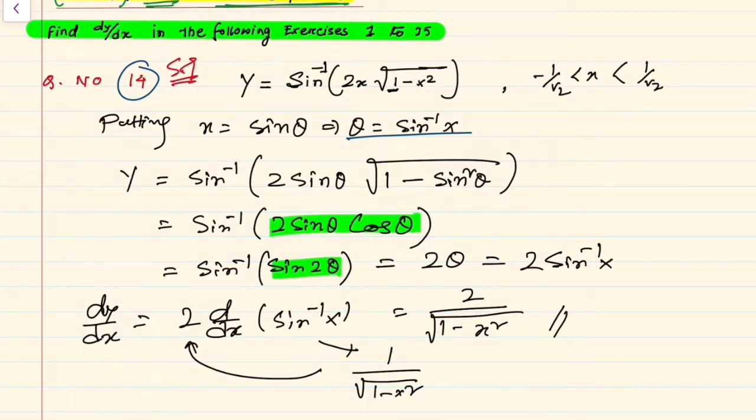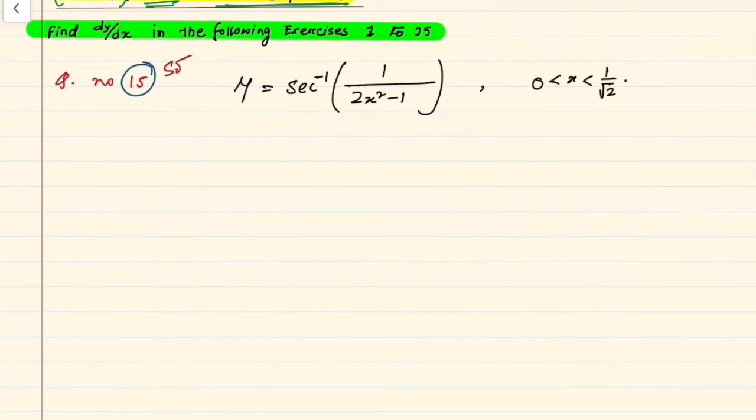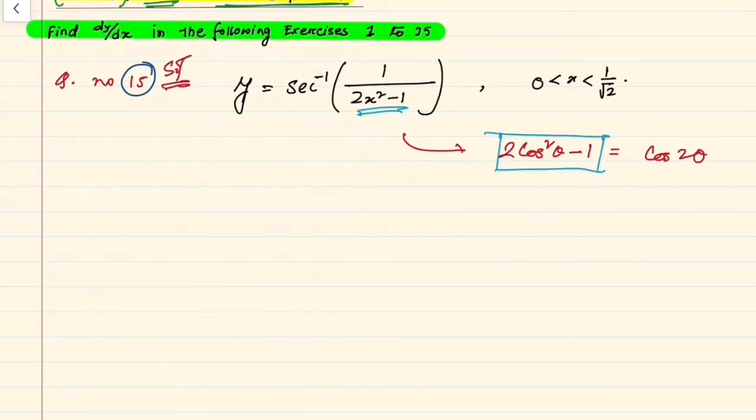Now let's move on to the next question, that is question number 15. Solution. Here you see, we know that 2 cos square theta minus 1 is equal to cos twice theta. And if you observe, this expression is in this form.